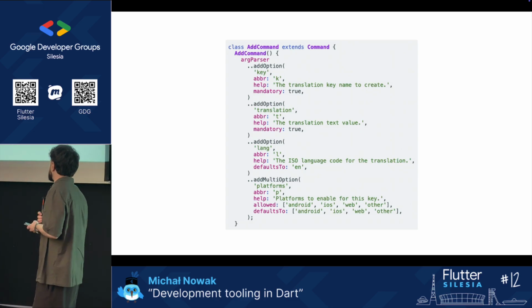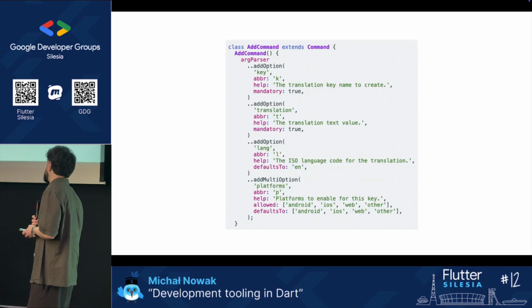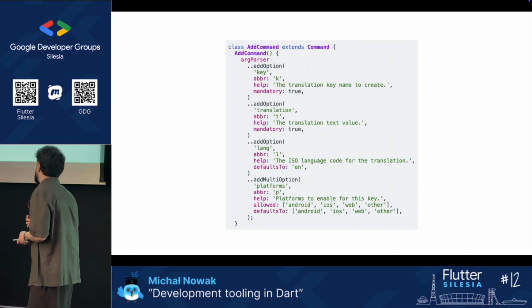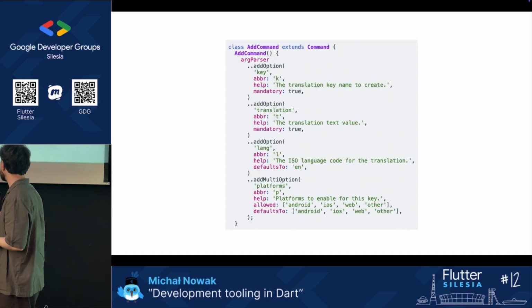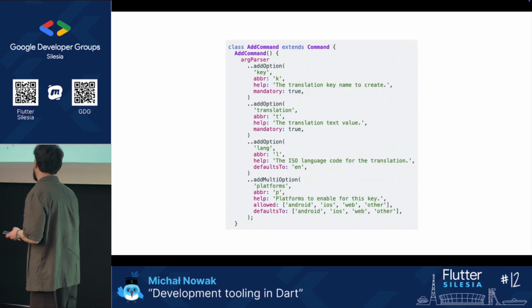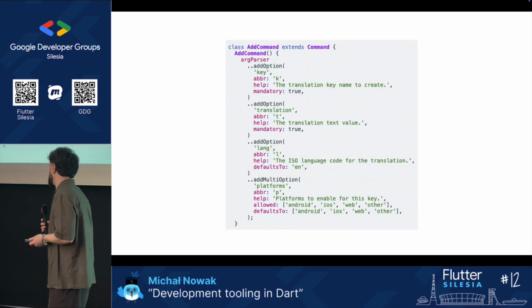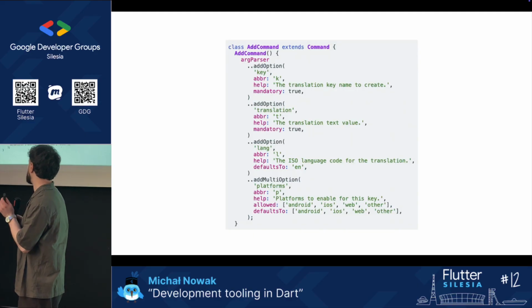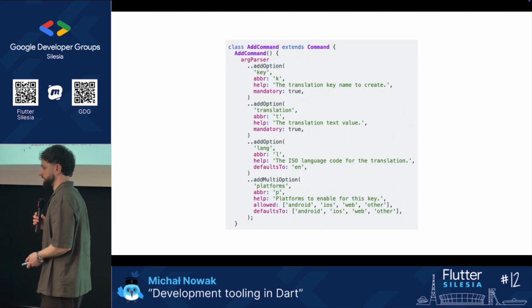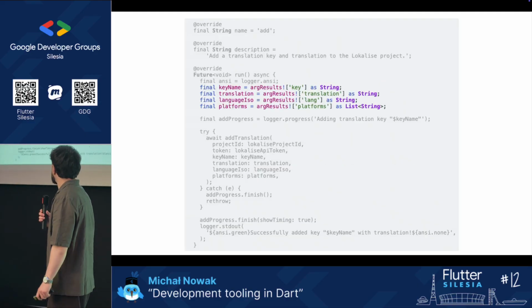Same with the add command, although we can define some other parameters or options. So for the add command, we have the translation key name, we have the actual translation, and optionally we can add the language or platform or any other arguments that we are going to actually use or need.